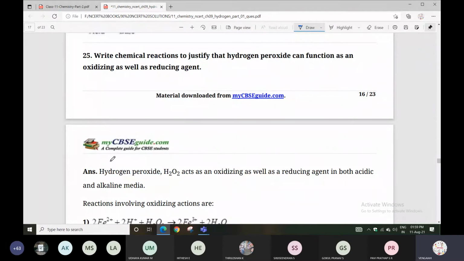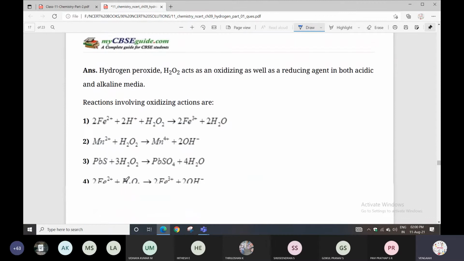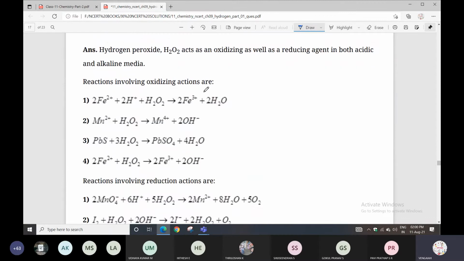Hydrogen peroxide, H2O2, acts as an oxidizing as well as a reducing agent in both acidic and alkaline medium. Here they have given reactions involving oxidizing actions.